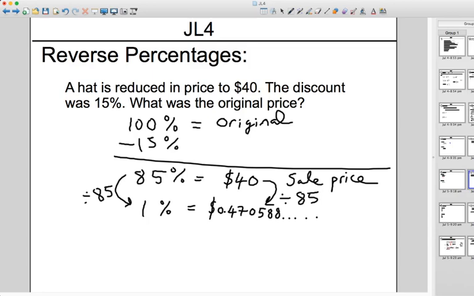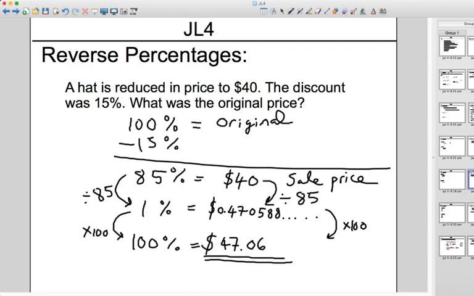It goes on forever. I need to find out what 100% is. So I'm timesing up here by 100. And I'm doing the same here by 100. This will give me $47.06.